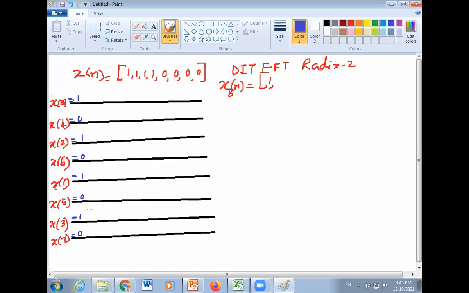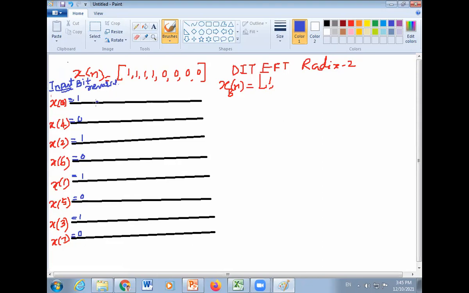Understood? This is the input in bit reversal order I am just applying. This is a very important thing you need to remember. Bit reversal order it is.